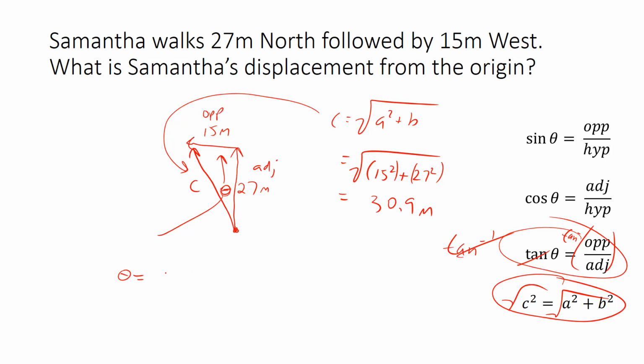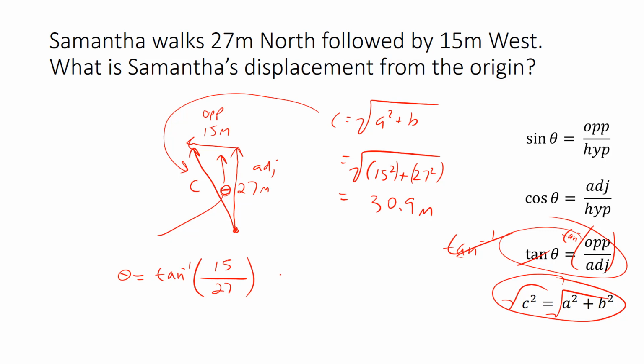So theta equals inverse tangent. And most calculators have this right above the tangent as like a second button or a shift button. Opposite, which is 15, over adjacent, which is 27. And we take the inverse tangent of that. Now, watch out when you're typing in sine, cosine, tangent, or inverse of anything. Make sure your calculators are in degrees, or else your answer here is going to be different than mine.